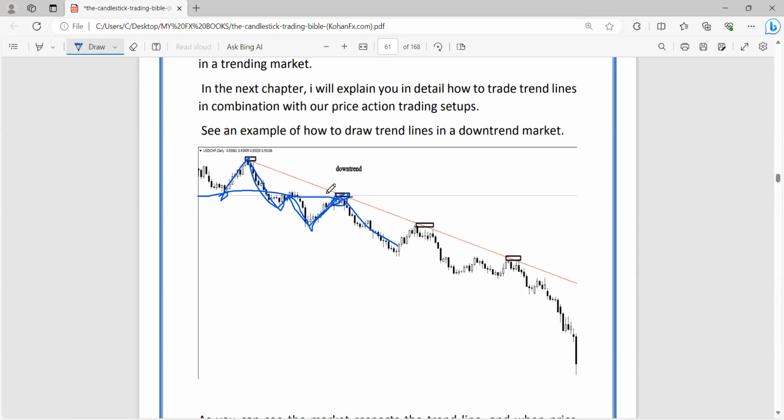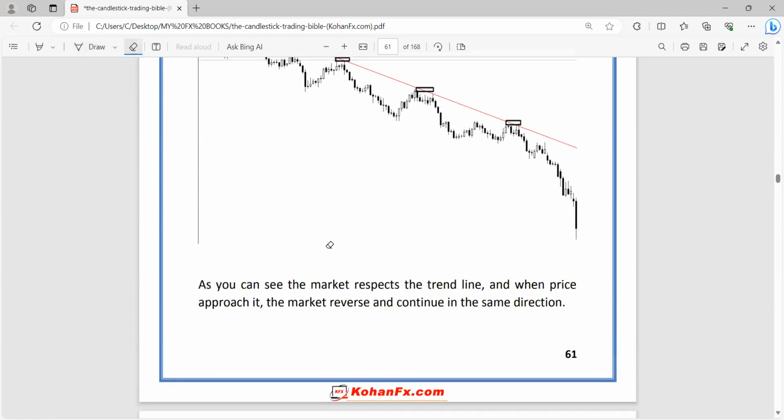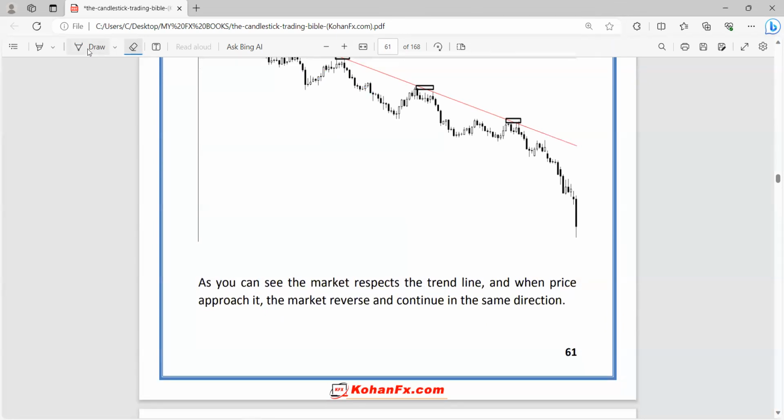The other thing I forgot is if you have a support level and it's broken, it becomes resistance. If you have a resistance level and it's broken, it becomes support. What I mean is, let me just put things in perspective. Let's say you have a market here moving upwards like that.